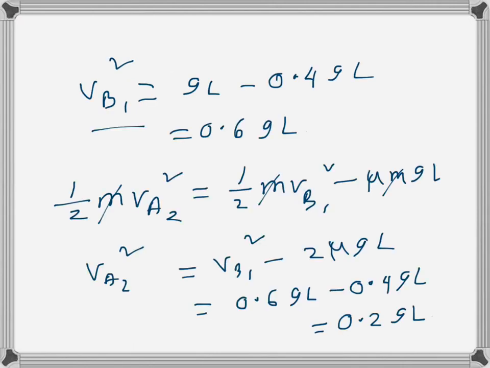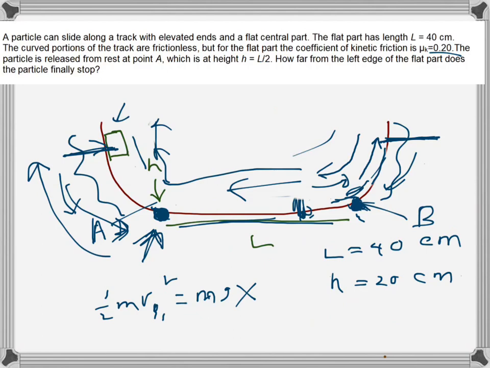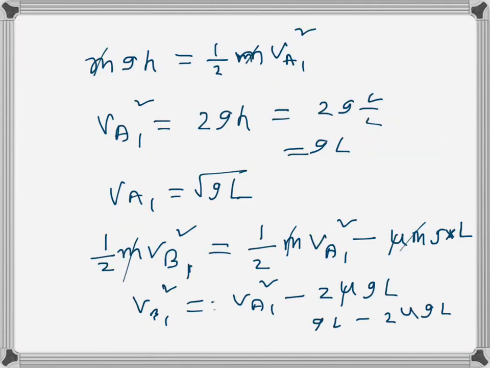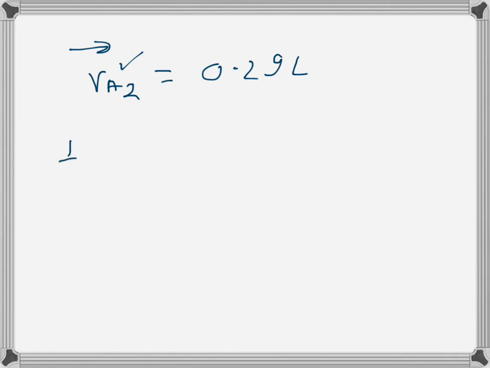So now we need to find whether this object reaches all the way to point B. So let's now again find what is the kinetic energy at point B. VB, now let's say 3 square.